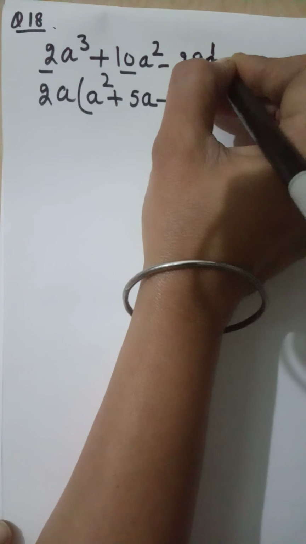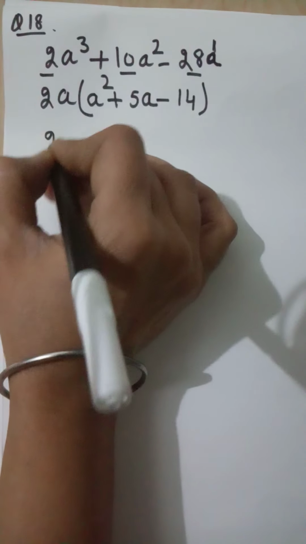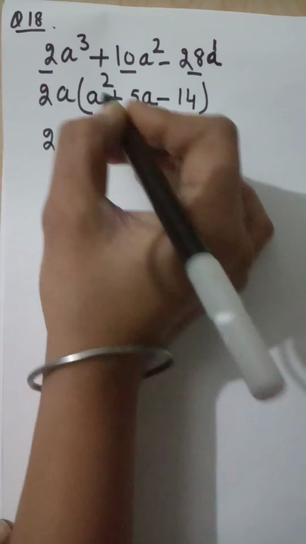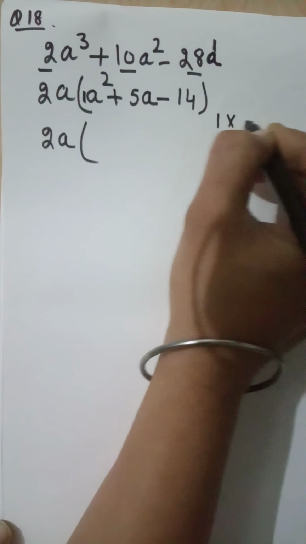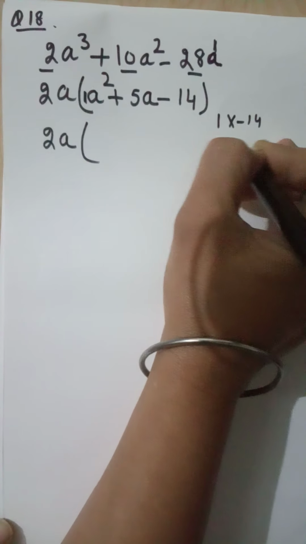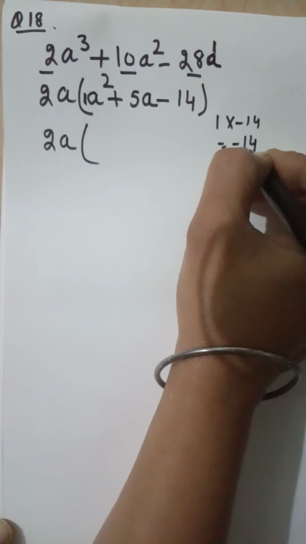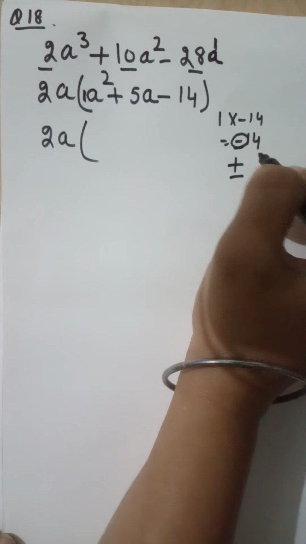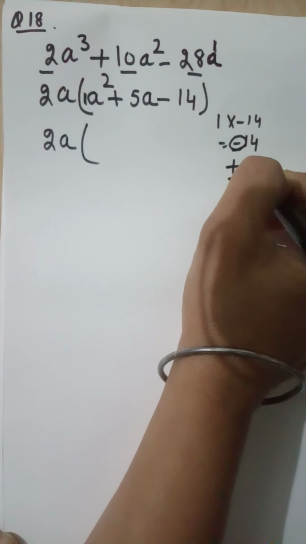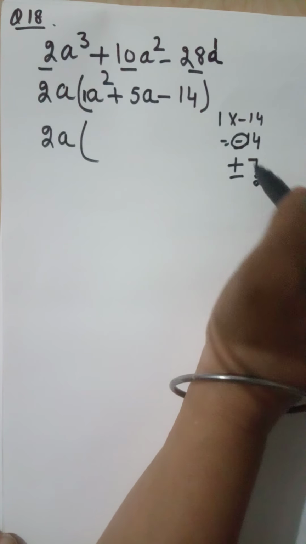This is a raised to power 1. Now factorize this, product of 1 into minus 14, you will get minus 14. Now if the product is negative, you will take one positive sign and one negative sign. Now 7 2s are 14 and 7 minus 2 is 5.